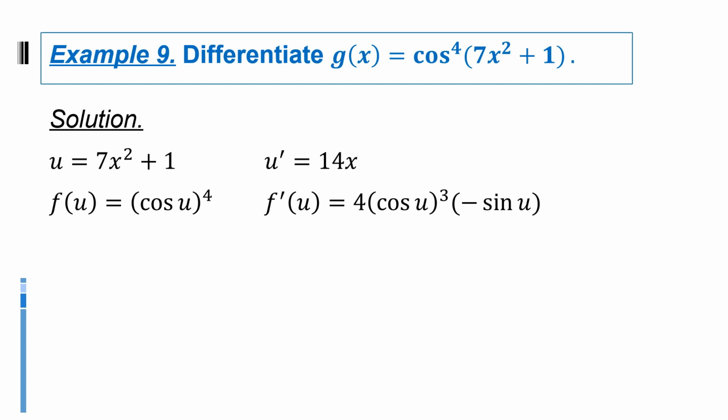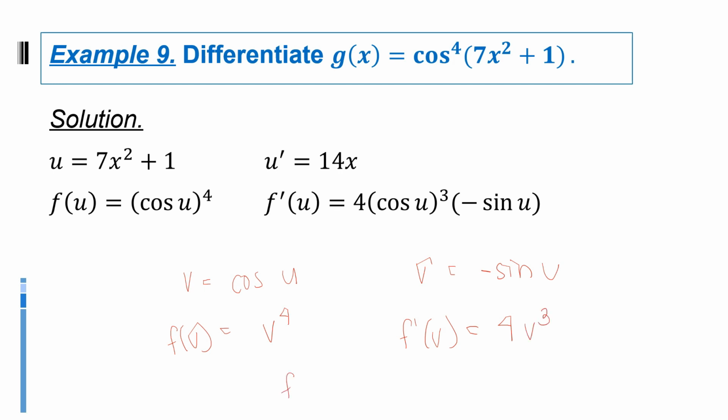That is, unahin muna natin yung v natin is equal to cosine u. Tapos, ang f of v natin is equal to v raised to 4. So, v prime is equal to negative sine u, and f prime of v is equal to 4v cubed.